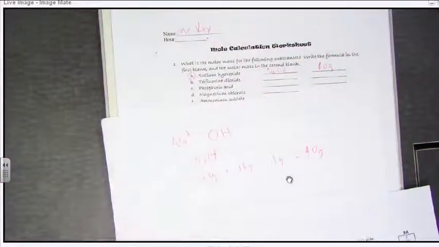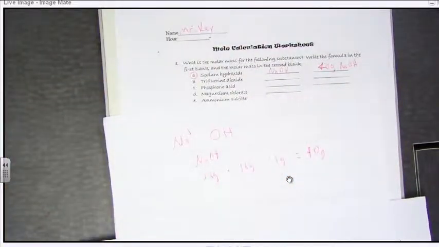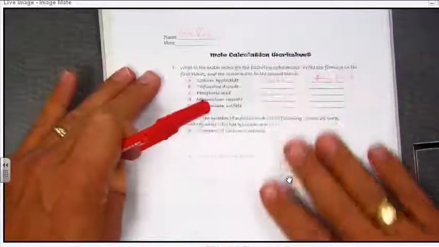And hydrogen has a mass of 1 gram per mole. Adding them all up, you will get 40 grams. 40 grams with the correct units. I'll need that information as I move down the sheet.